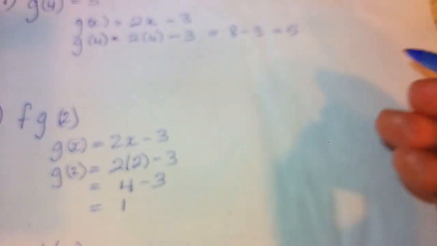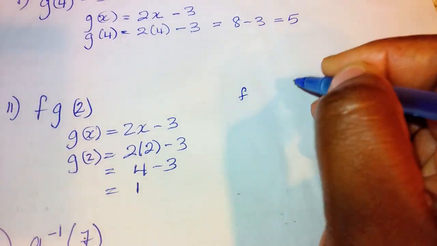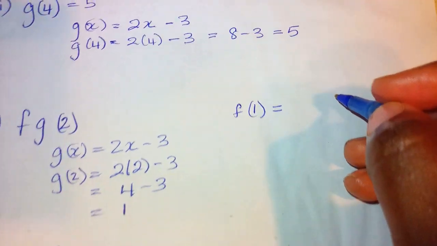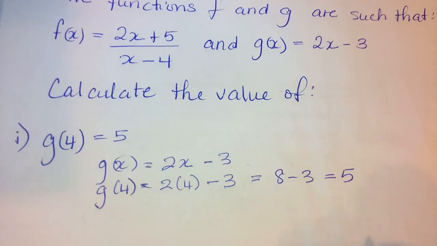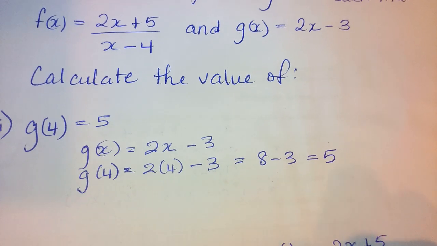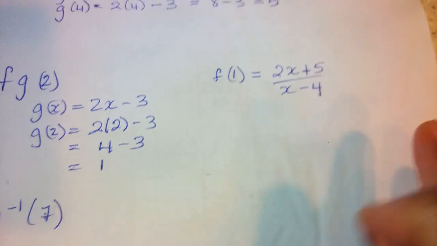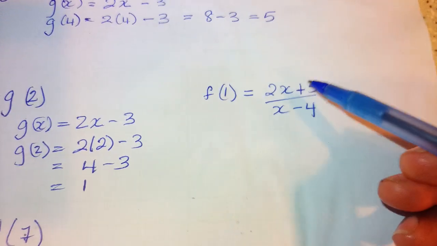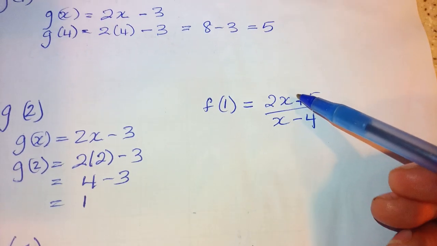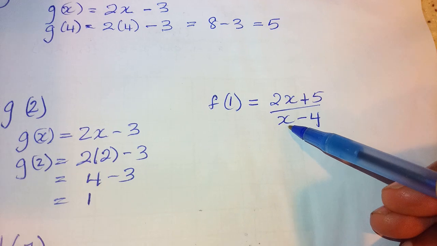Now that we know g of 2, we're going to use the answer we got with the outside function, which is the f. So we're now going to find f of 1. Now the function of f, if we remember, is (2x plus 5) all over (x minus 4). When we are inserting the 1, wherever we see the x, we're going to insert the 1, which means we're going to insert it twice, once in the numerator and once in the denominator.